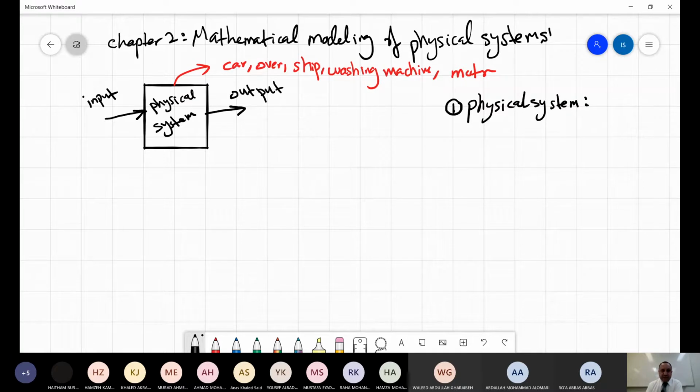We need to understand the physics behind the system. And also we need to specify the input and the output.